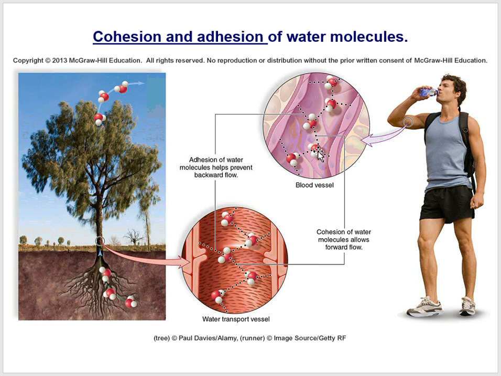The same characteristic actually happens in plants. Plants have vessels as well. We don't call it blood, but very similar to blood vessels. The fact that water molecules adhere to each other and actually adhere to some of their surroundings makes the movement of water in plants and animals much easier.